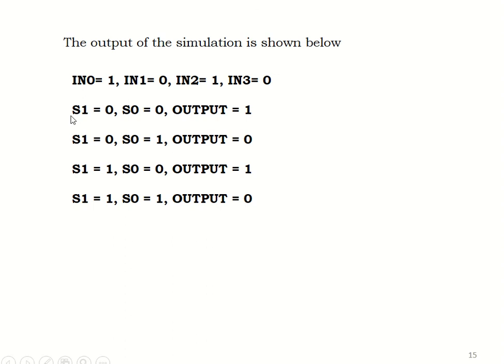After 1 nanosecond of delay, when S1 is 0 and S0 is 0, the output is displayed accordingly. Similarly, after 1 nanosecond this is going to display, and after another 1 nanosecond this. These are 5 statements we have used to display the output values in this stimulus block. That's why the output in the console window is going to display 5 times.